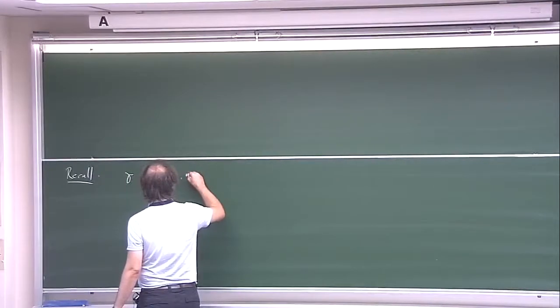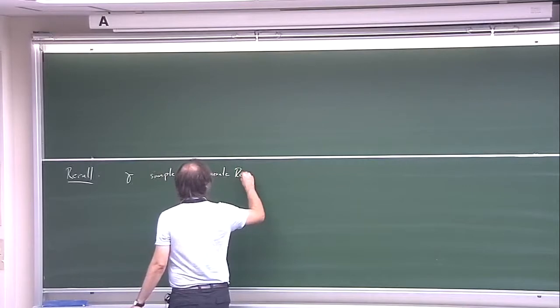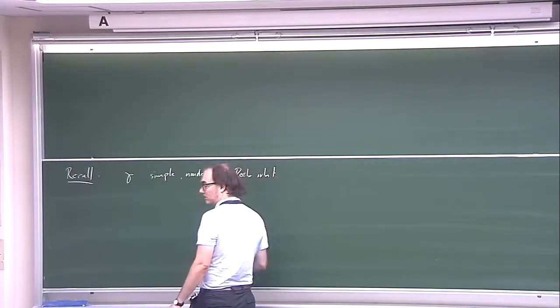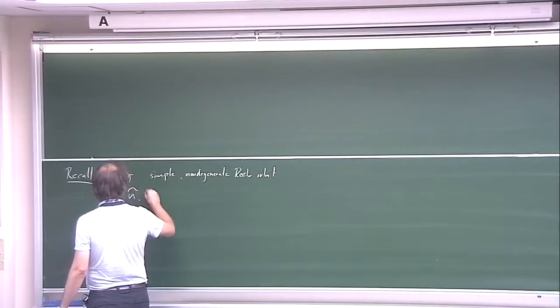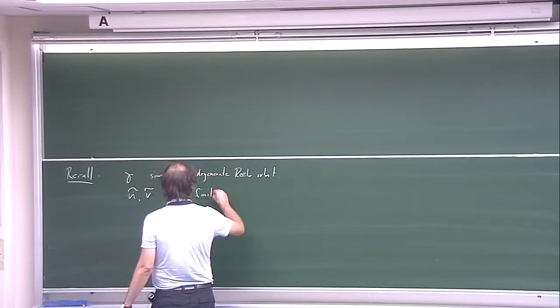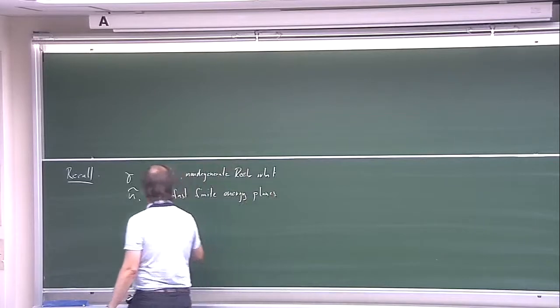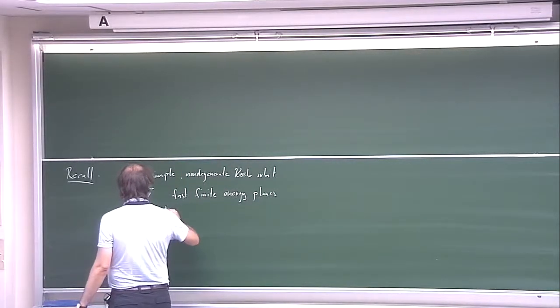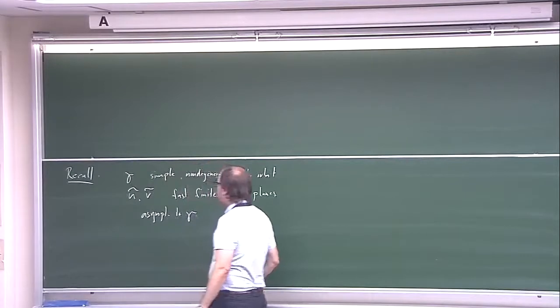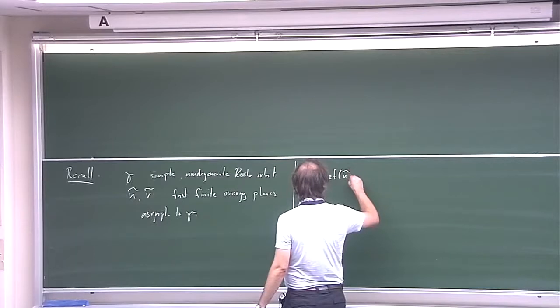If you have gamma, a simple non-degenerate Reeb orbit, and you have ũ, ṽ fast finite energy planes asymptotic to gamma, then we define Siefring's intersection number.